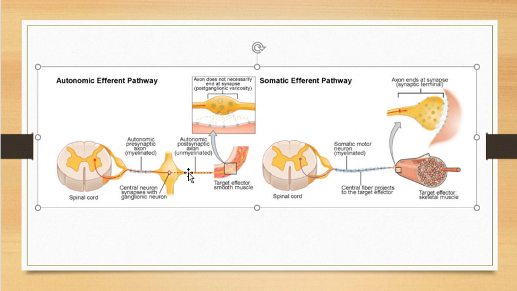Then another neuron coming out of this innervates the target effector smooth muscle cell, where the axon does not necessarily end at a synapse. In fact, it just releases a neurotransmitter over there and continues further. So this is the major difference between the autonomic efferent and somatic efferent pathway.